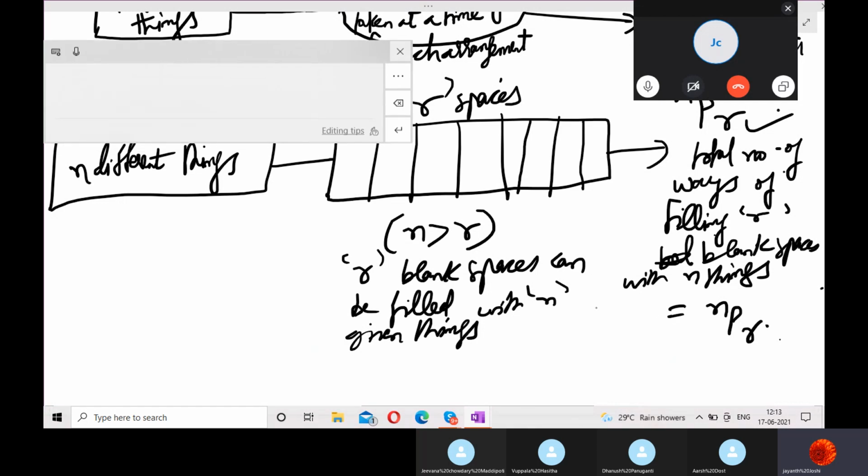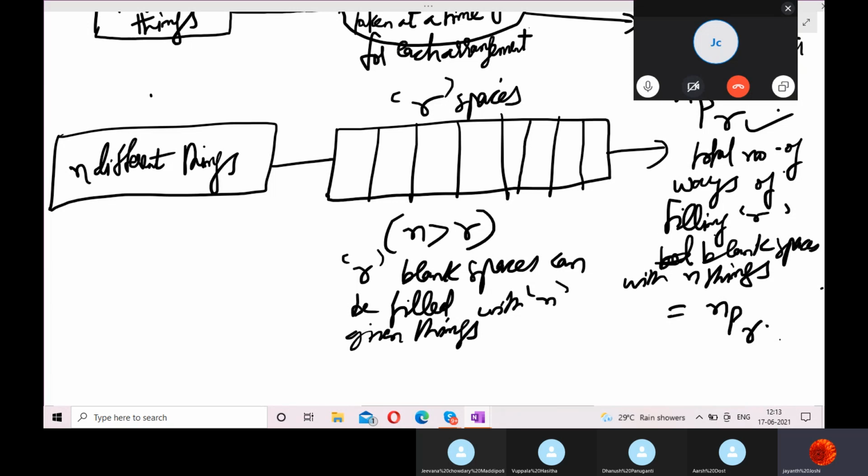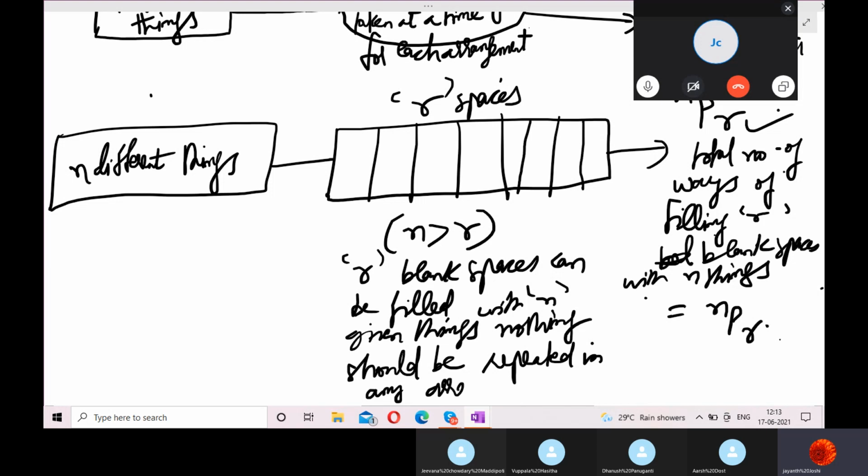I'm writing that point also: nothing should be repeated in any arrangement. The number of choices available is n different things.